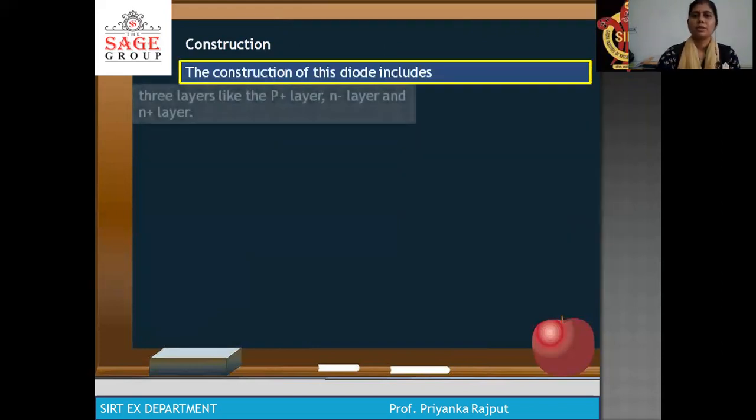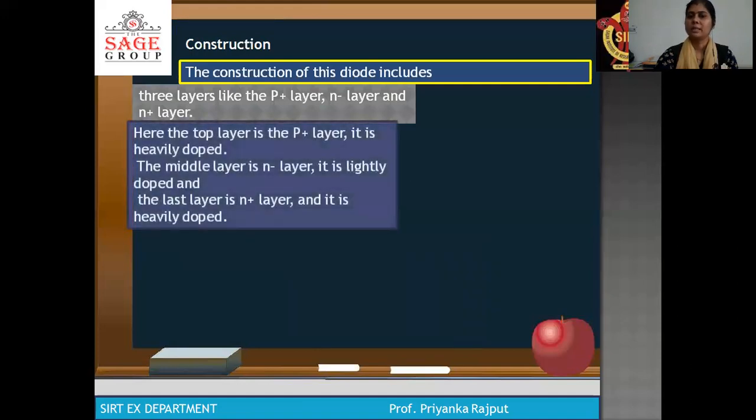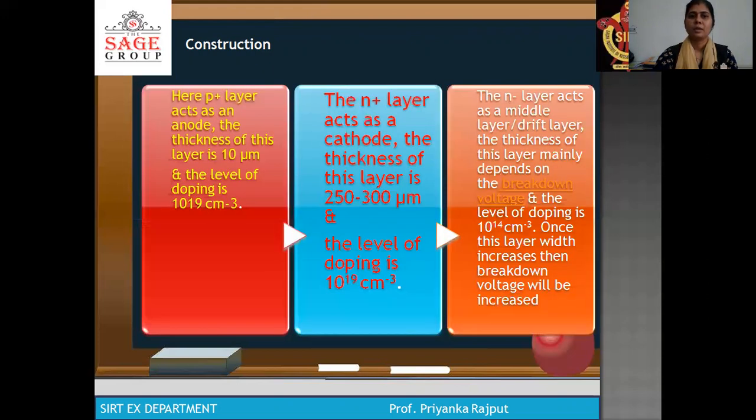The construction of this diode includes three layers: P plus, N minus and N plus. The top layer is the P plus layer, which is heavily doped. The middle layer is the N minus layer, which is lightly doped, and the last layer is the N plus layer, which is heavily doped. The thickness of the P plus layer is 10 μm and the doping level is 10^19 cm^-3.